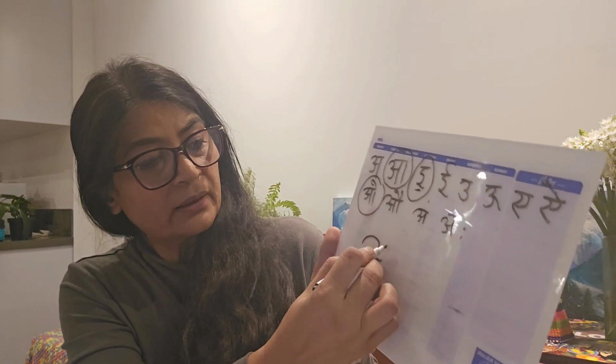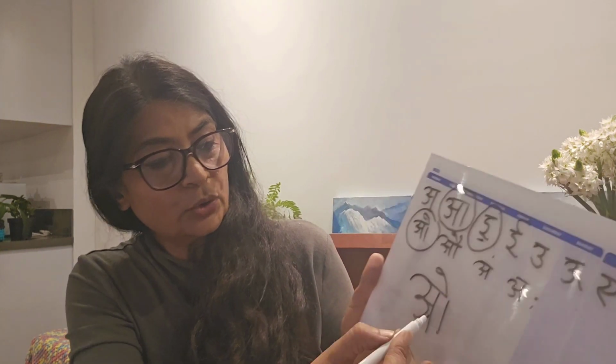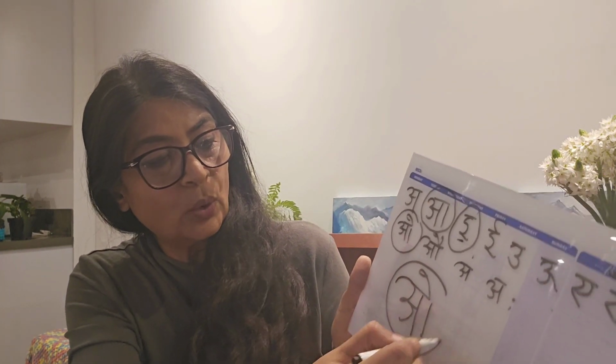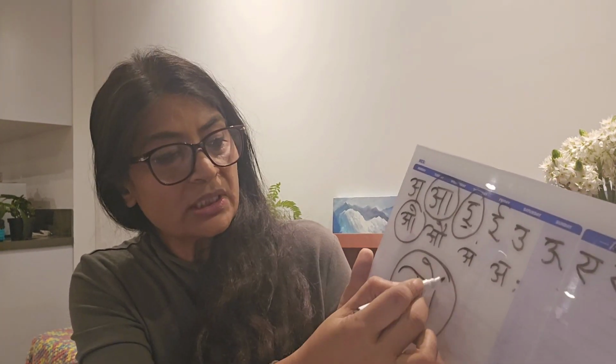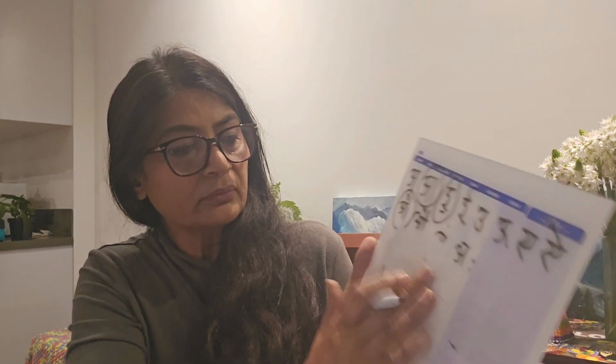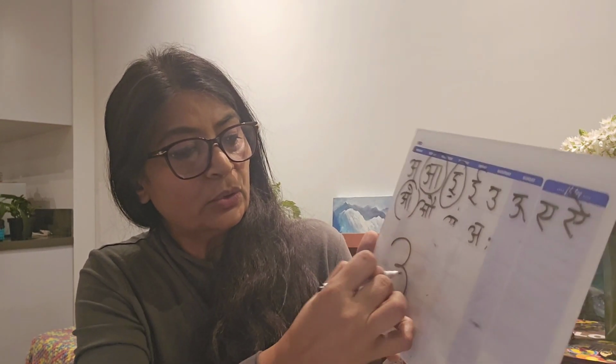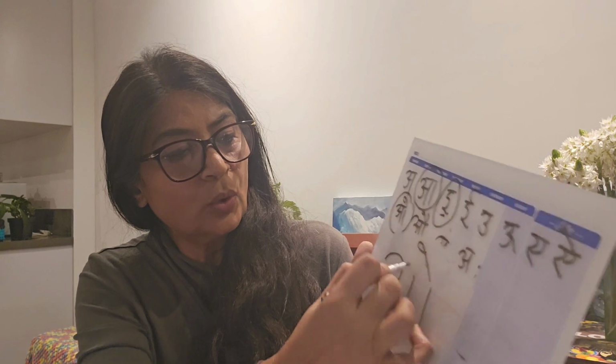For O, you don't have to write the whole thing. You just take this part. You do not take the whole thing.